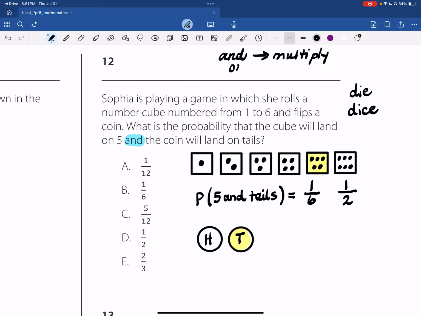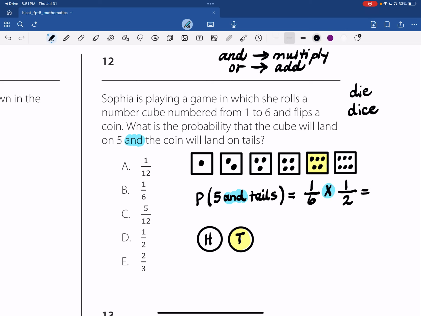If you see the word or, you're going to add. So in this case, I see the word and you see that I wrote it in here. I wasn't even thinking, but there it is. That's multiplying. And you've got your answer right here.